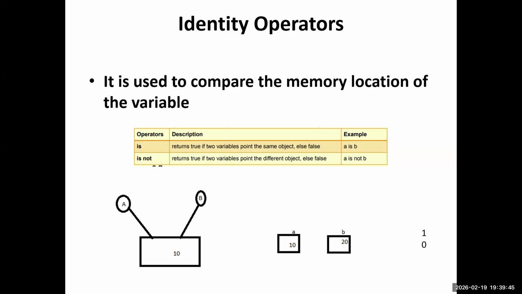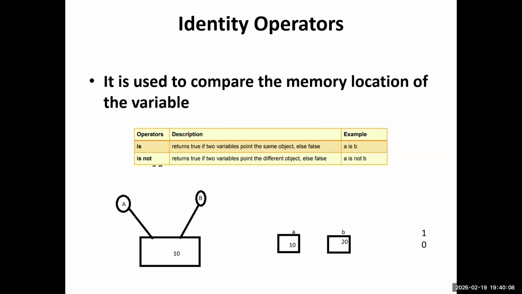Python does not create separate memory space for a and b. It will refer to a single location. The 10 is assigned into a particular location, and the location will be referred to by two variables, one is a, another one is b.